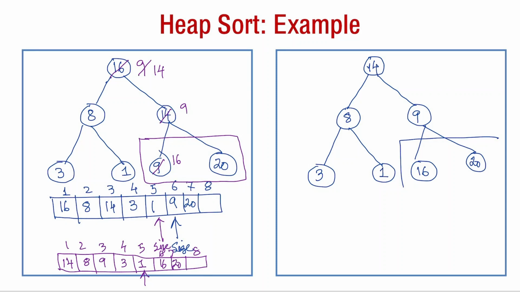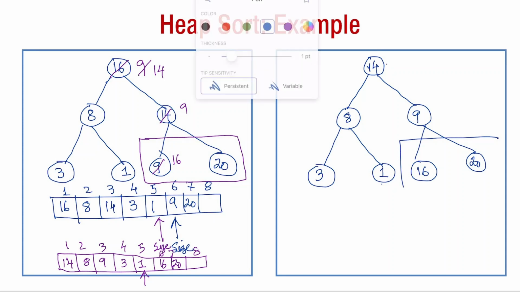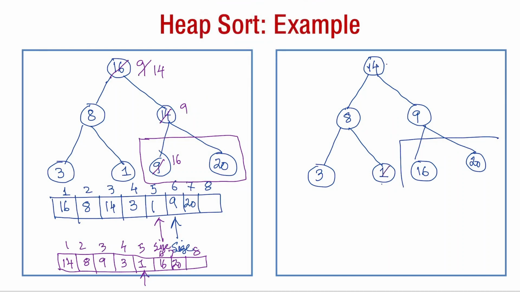And now the next step, as per the iteration, this 14 and 1 will get exchanged. And as soon as 14 and 1 get exchanged, this will become 1, this will become 14, this will now become part of the outside of the heap, and then this will percolate between these two. This will become 9, this will become 1.